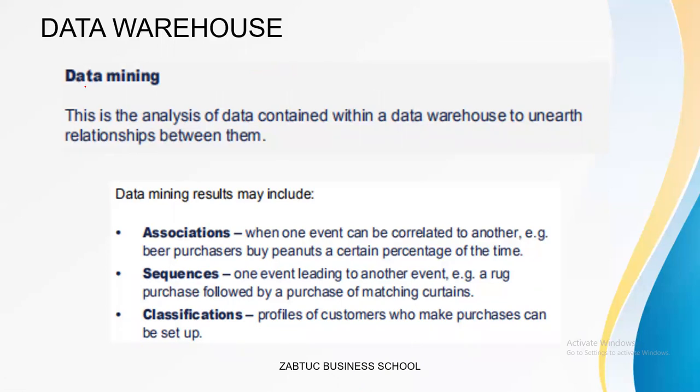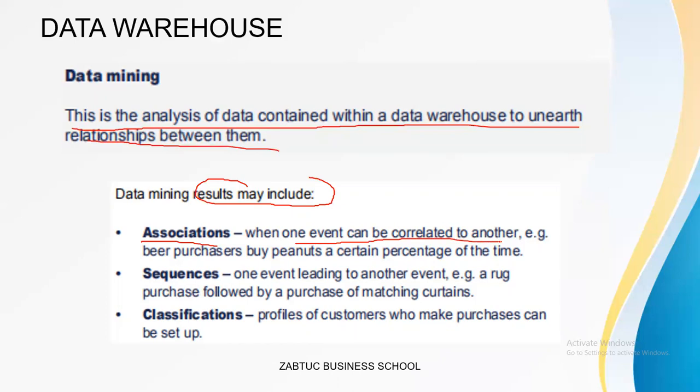We have seen that another aspect of data warehouse is data mining. This is the analysis of data contained within the data warehouse to unearth relationships between them. So data mining results may include associations, where one event can be correlated to another, e.g., purchasers buy peanuts a certain percentage of the time.